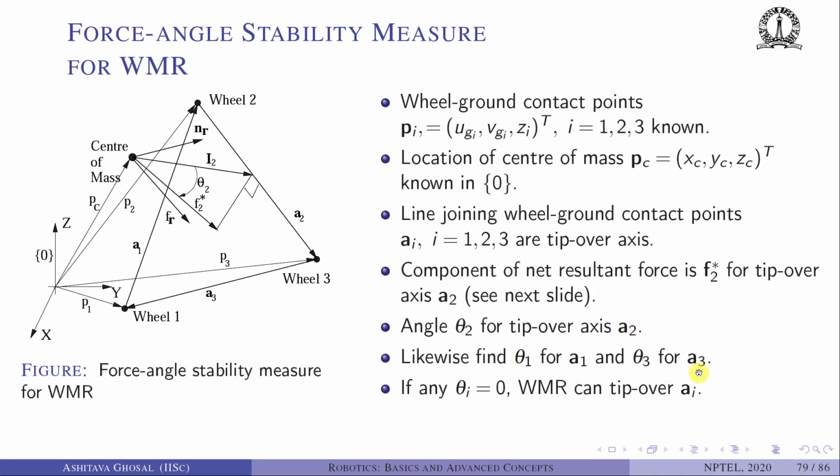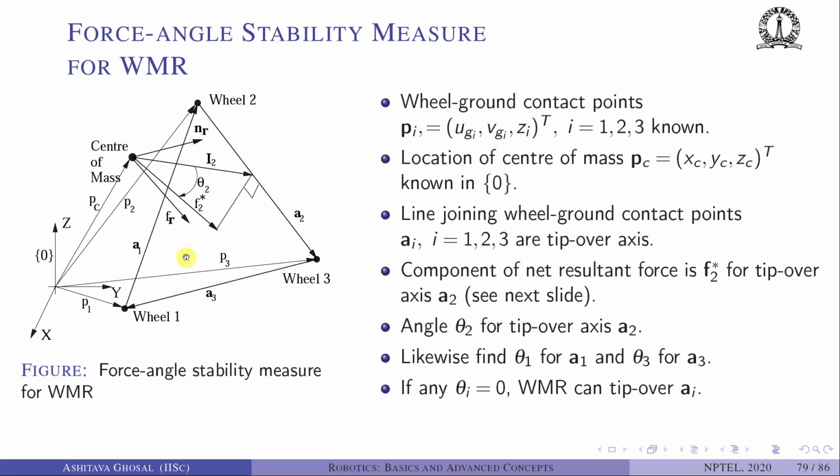So there are these three angles which tell you the angle between the normals I1, I2, I3 and the resultant forces F1 star, F2 star, and F3 star. If any θi is 0, the WMR can tip over Ai.